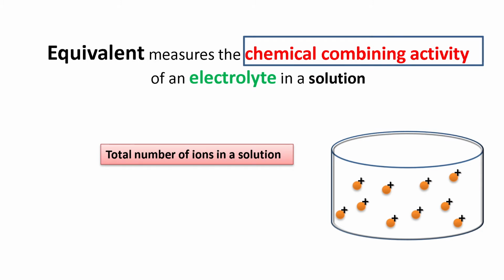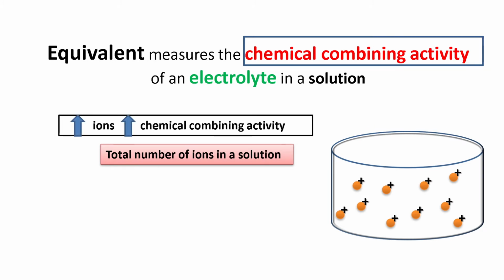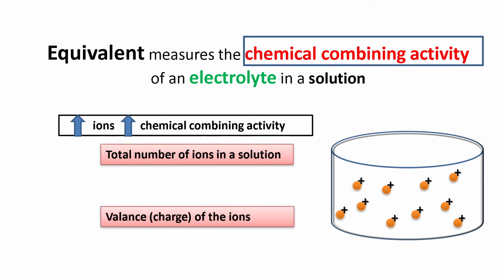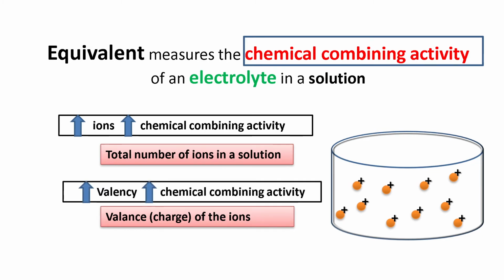The more ions in a solution, the more chemical combining activity. The fewer the ions in a solution, the less the chemical combining activity. Number two, the valence or the charge of the ions. That means the more the valency, the more the chemical combining activity. The less the valency, the less the chemical combining activity.